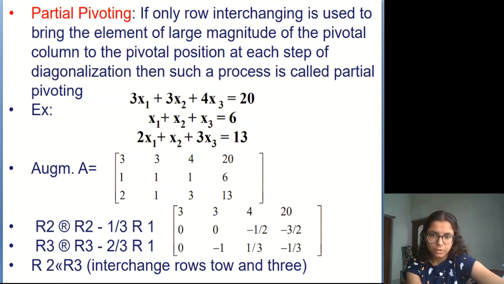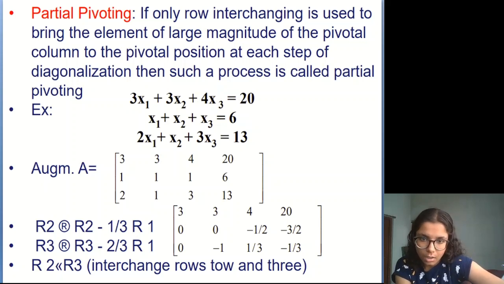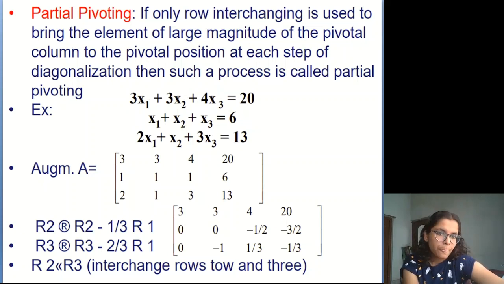I mean the 2x1 equation will go in the place of equation 2, and equation 2 would come at the place of equation 3. Such a method would be known as partial pivoting.